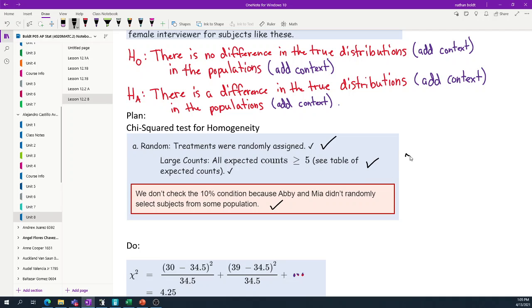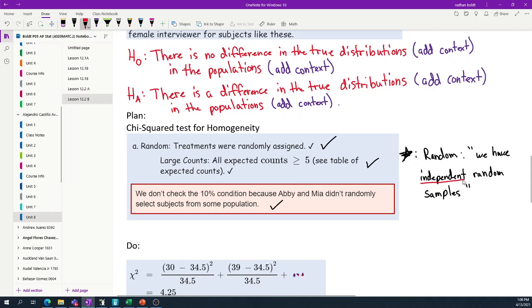I will make a quick note, though, that we don't see this because it's an experiment, but because we have multiple samples and multiple populations, usually for the random condition, we'll say that yes, we have independent random samples. If this was not an experiment, we do have to add that word independent.